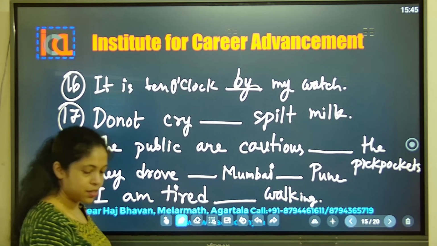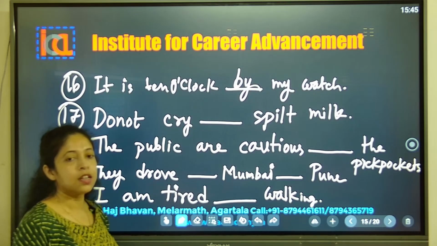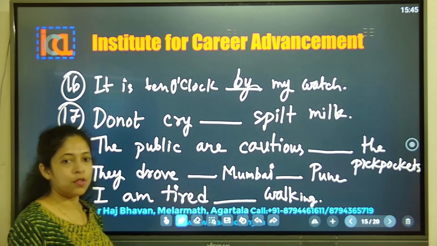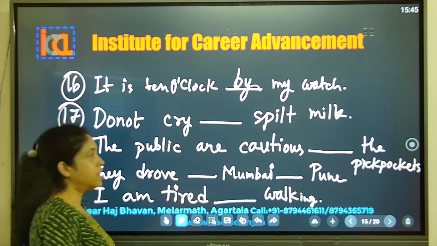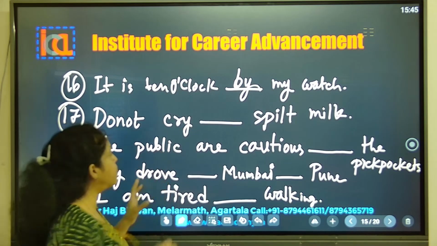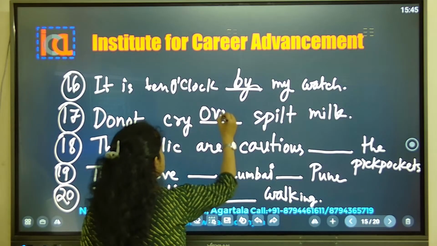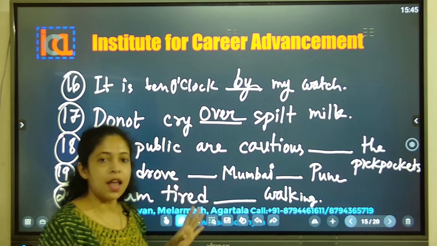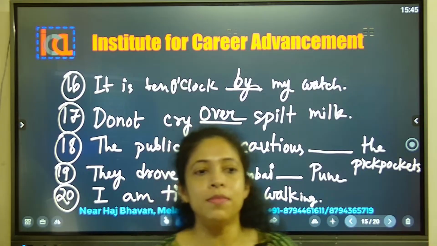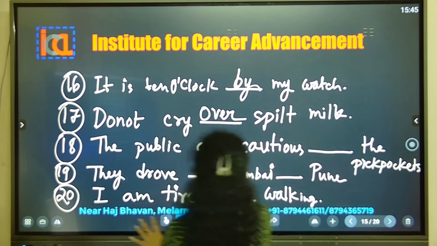Spilt means fallen, which has just fallen and spread on the floor. There is a particular appropriate preposition, cry over. Cry over means lamenting.